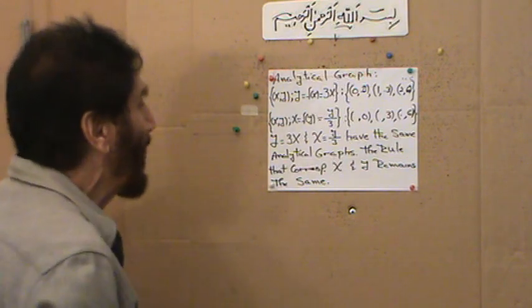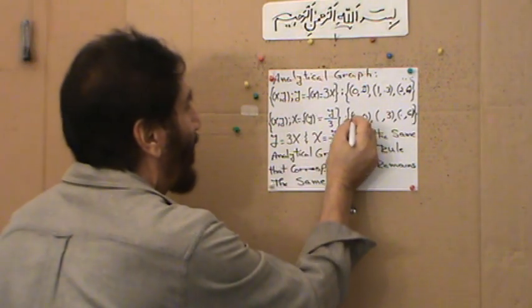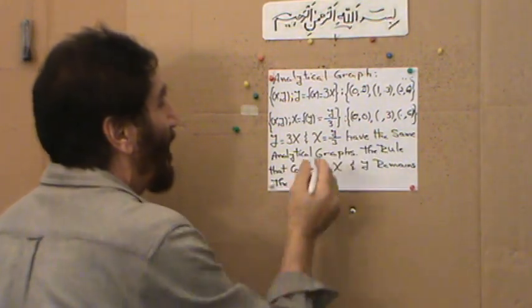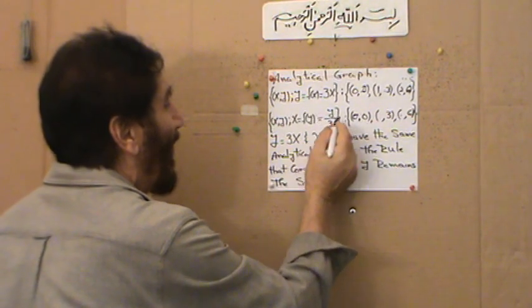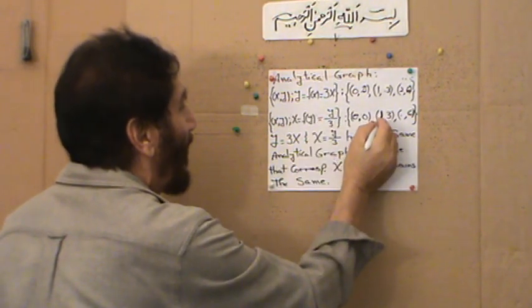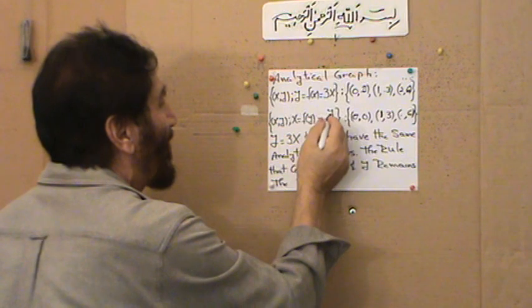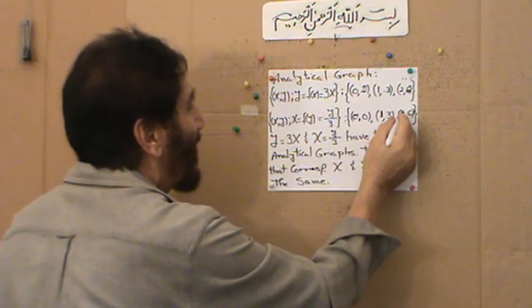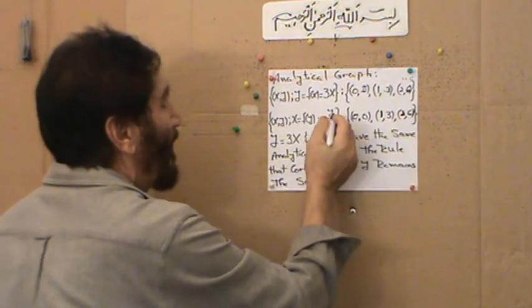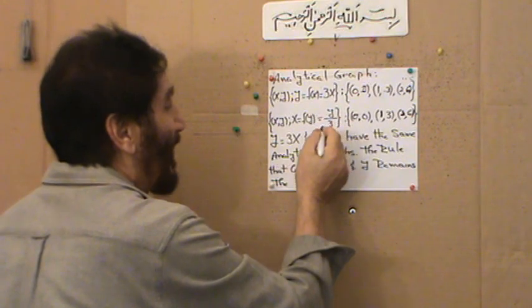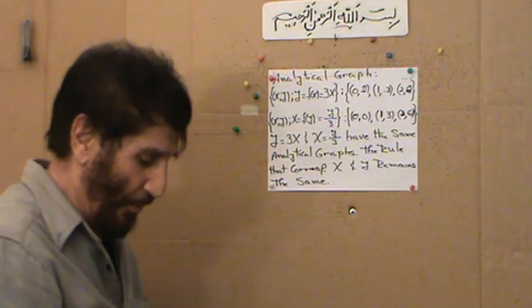Now, when y is 0, x is 0. Is that right? When y is 3, x is 1. When y is 6, x is 2. When y is 9, x is 3, and so on and so forth. You can go on yourself.